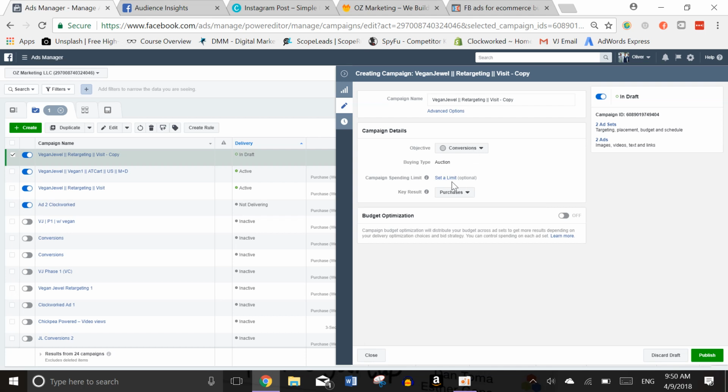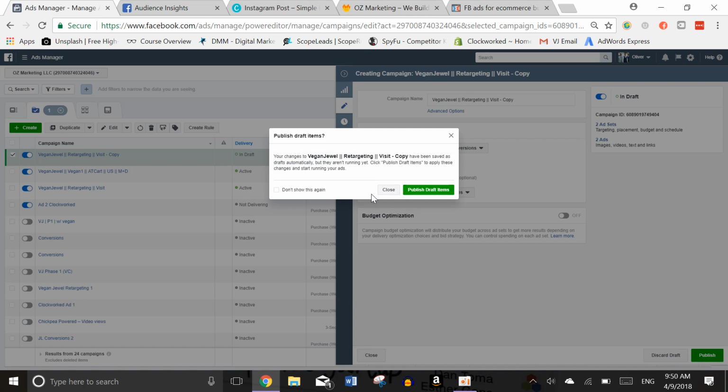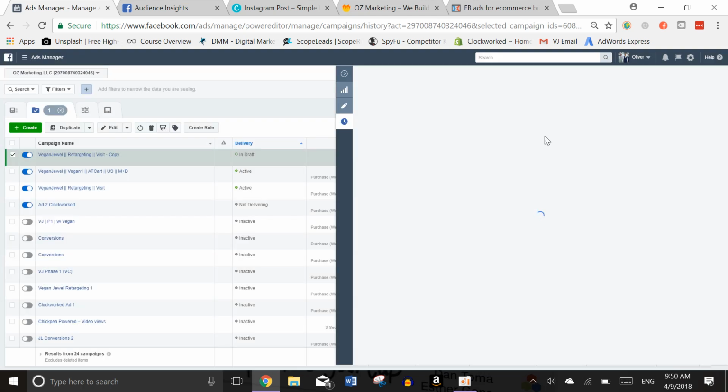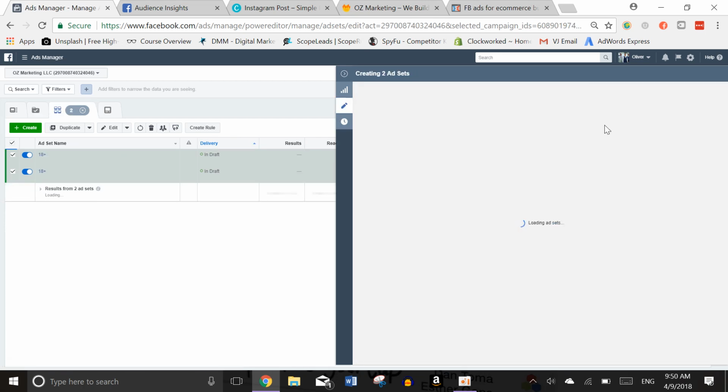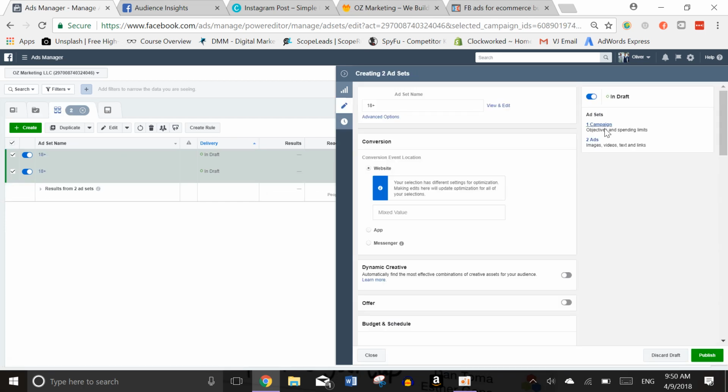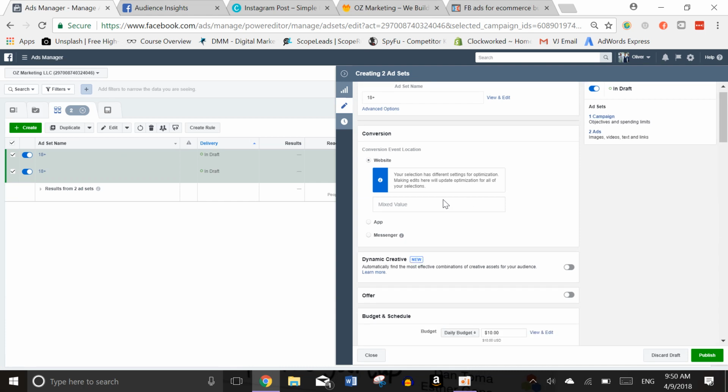And I want you to select the objective conversions. And you see where it says ad sets, go to ad sets. And you see where it says the conversion event location.